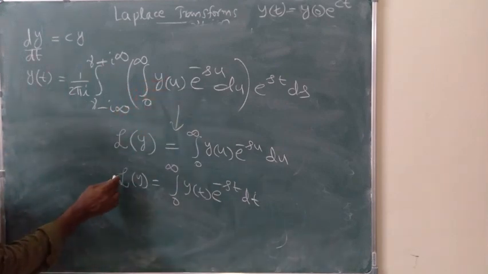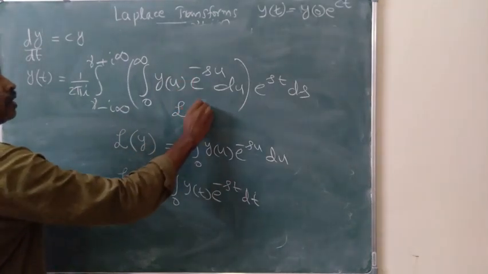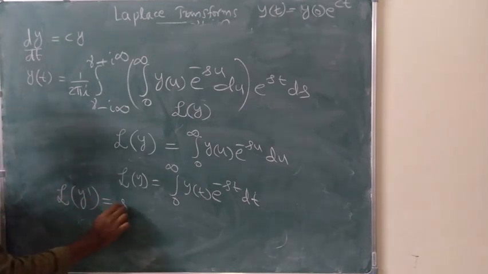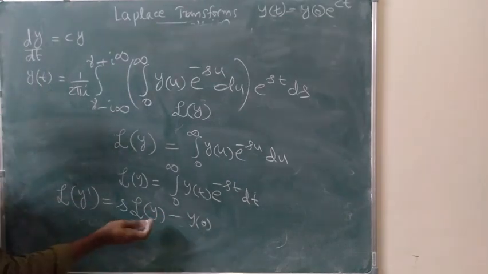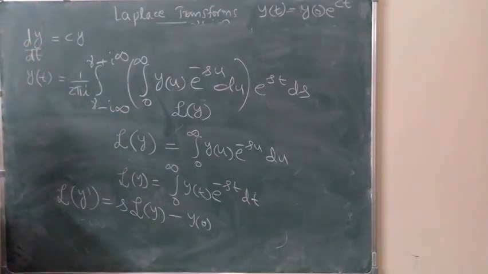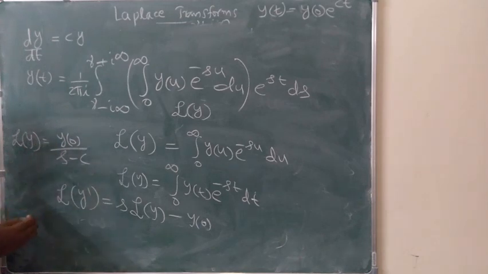So if we define this integral as the Laplace transform, then we find out that the Laplace transform of y dash is s times the Laplace transform of y minus y of 0, and we apply that here in the differential equation, and we obtain L of y as y of 0 divided by s minus c.